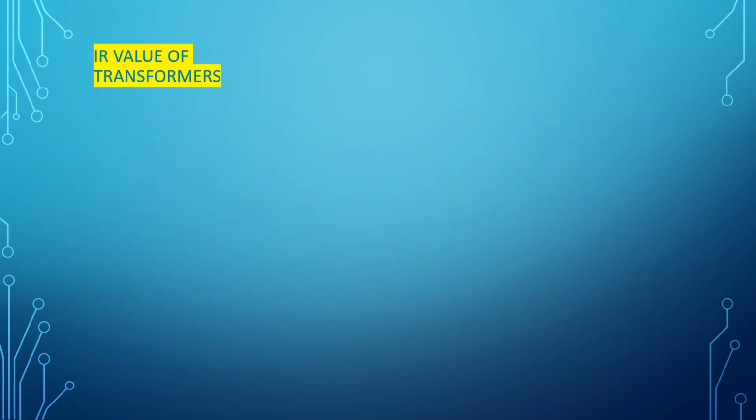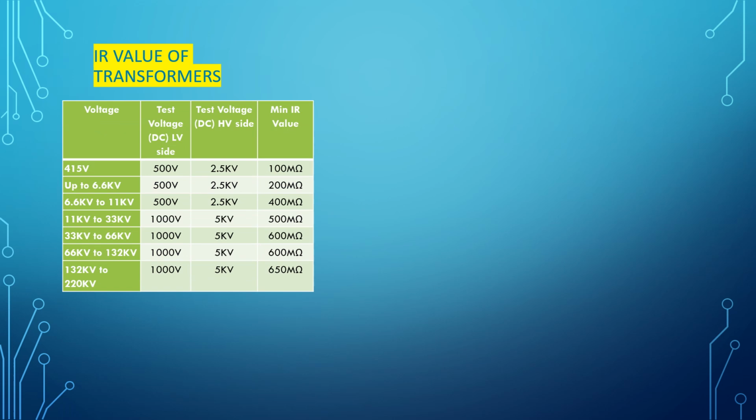So another value for the transformers, you can see there, 415 volts down to 132 kV to 220 kV. For the DC test using the injection, you need to inject the voltage 500 volts to 1000 volts.